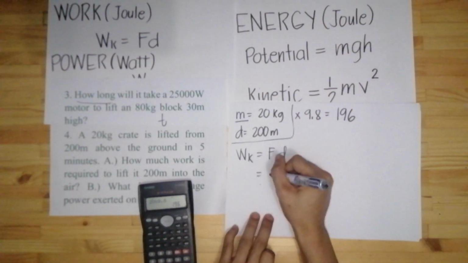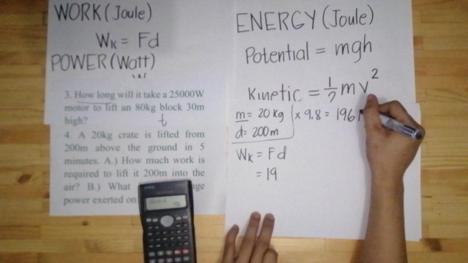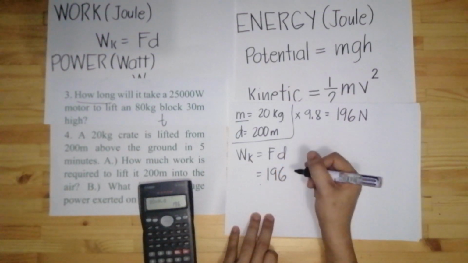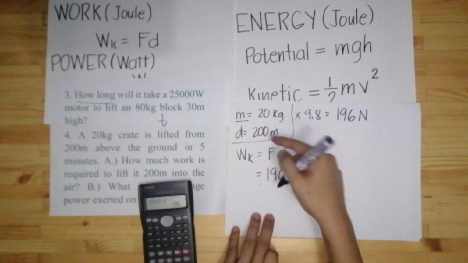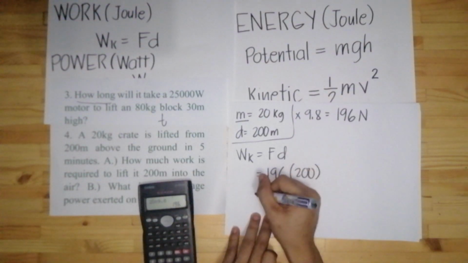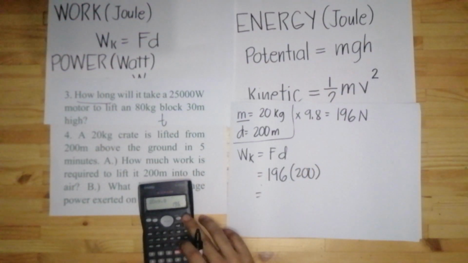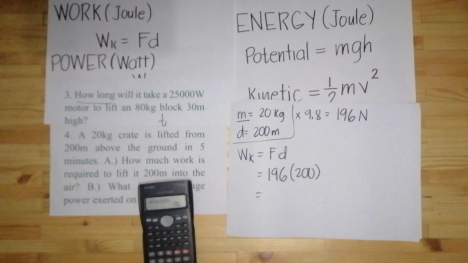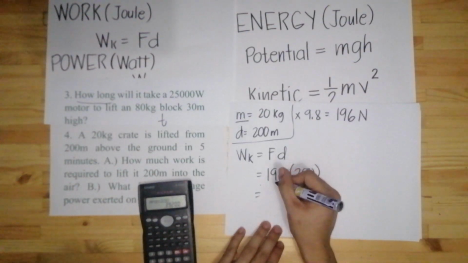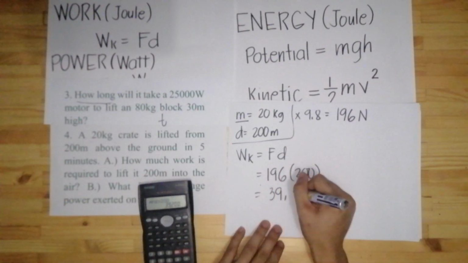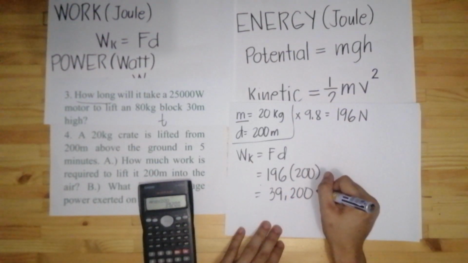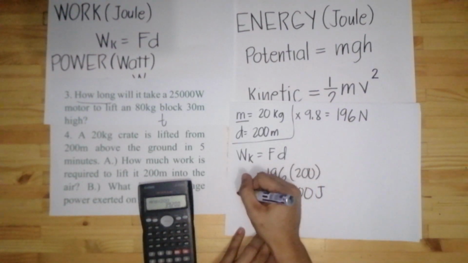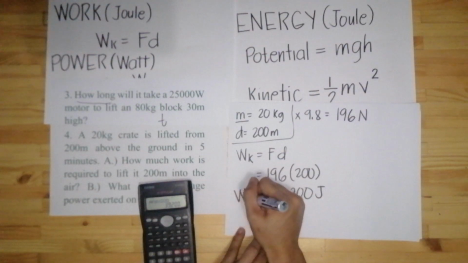So, meron tayong force, 196, that is Newton, kasi yun yung weight natin. 196 times yung distance, 200. Multiply lang natin para makuha natin yung work. That is equal to 39,200 joules. So, that is the work.